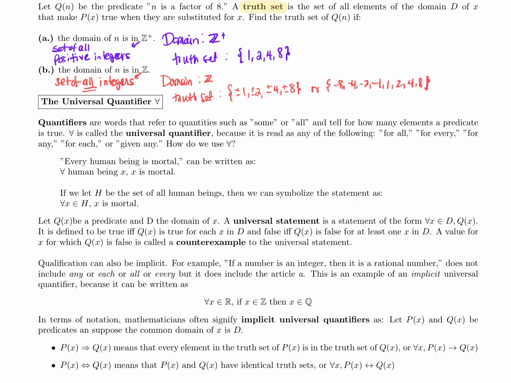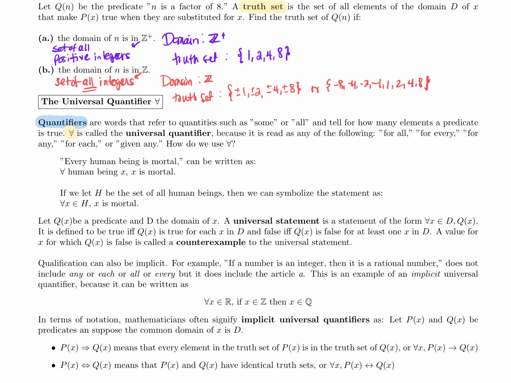Are we talking about all of them, or only some of them? The first quantifier we're going to talk about is the one that is for all. So let's look at our definition of quantifiers. They are words that refer to quantities such as some or all and tell us for how many elements a predicate is true.